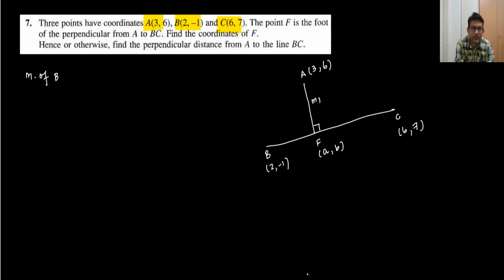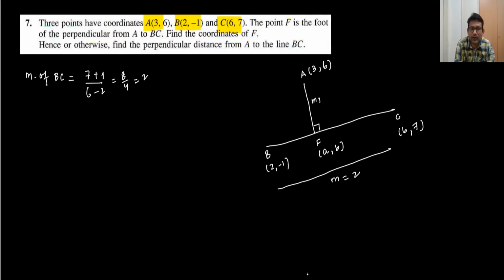The gradient of BC will be the same as the gradient of BF or FC, because they are on the same line, collinear points. So we can write (7 + 1)/(6 - 2), that's 8/4, which means 2. It means the gradient of this complete line is 2.